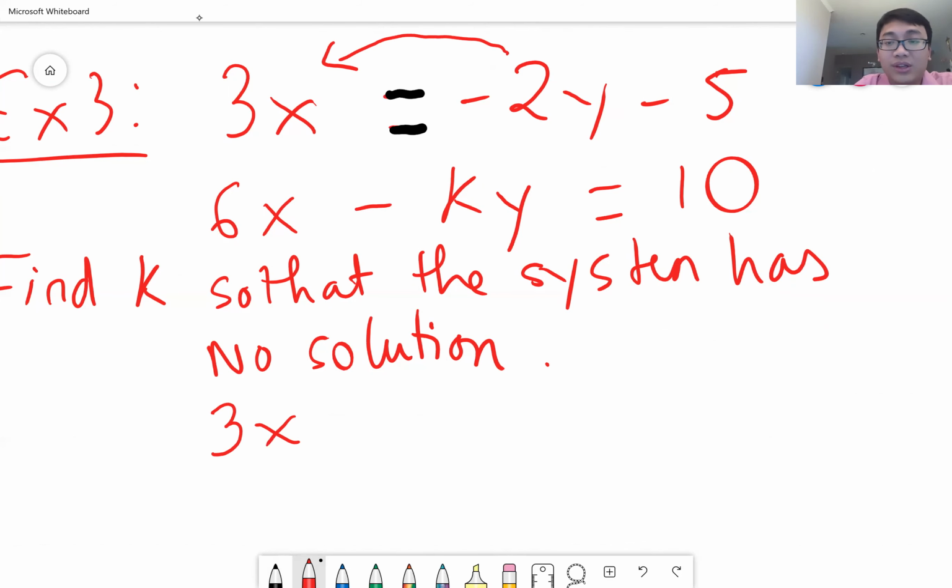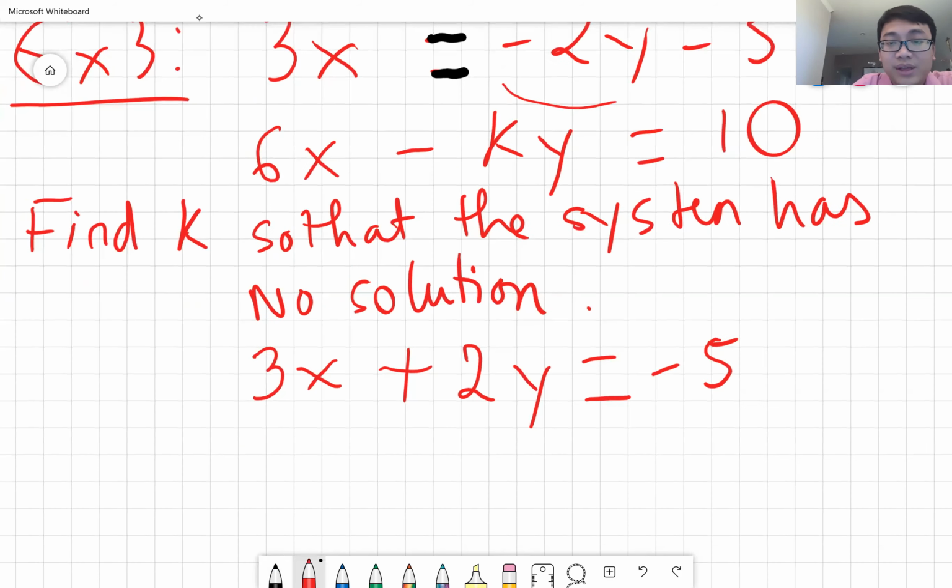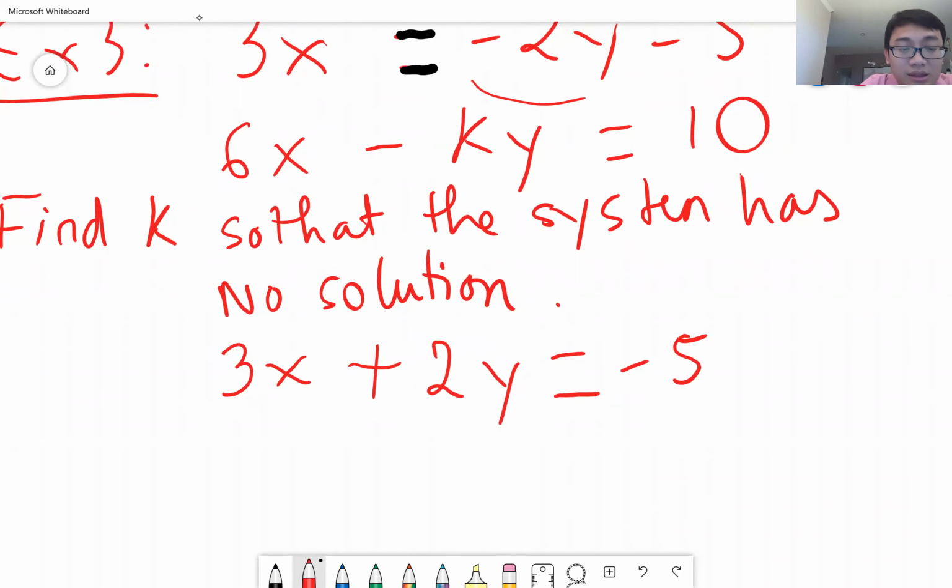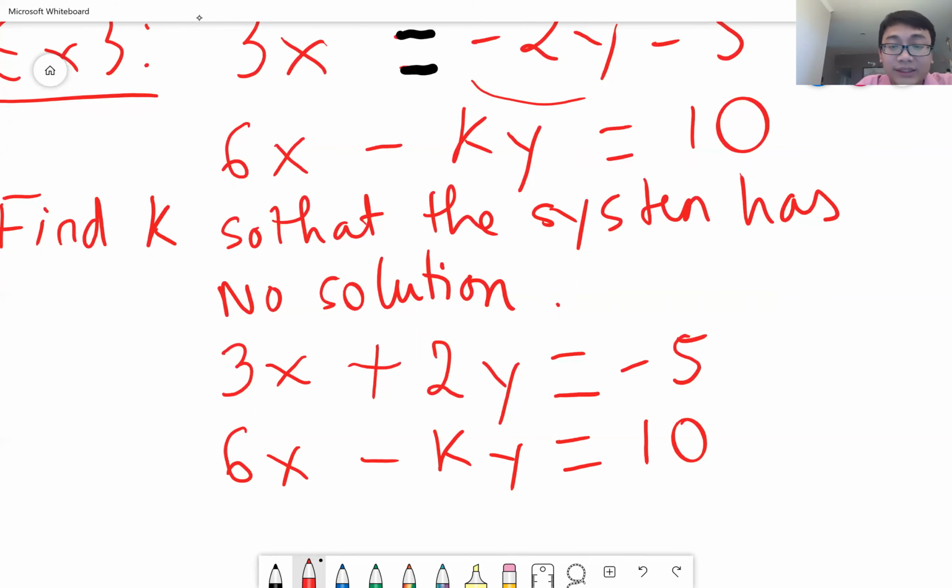When you move the term, you need to change the sign. It's negative right now, we change it to positive, so it's plus 2y equals negative 5. Make sure, in order to use that method of setting up the ratio, you line up the x and the y like this.